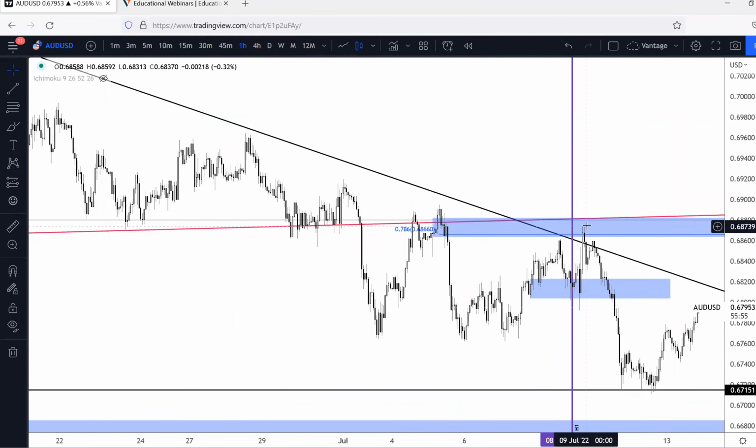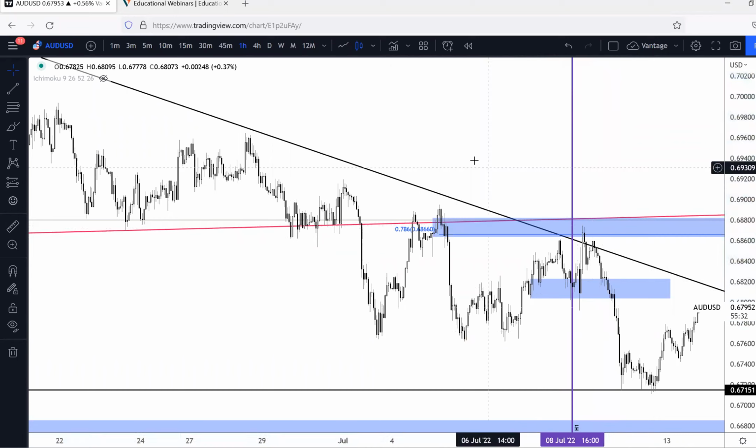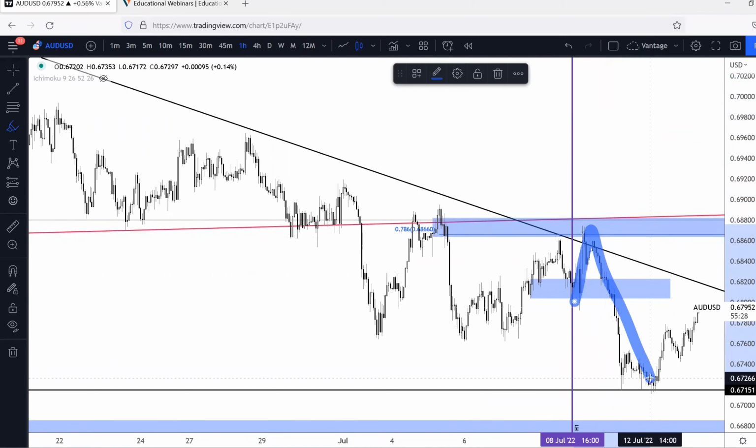So we marked this resistance area out, and the call made was that if price breaks and closes below this blue zone, back then when we made the call, it was to the left of this purple line. So nothing here had played out yet. The idea is that if price closes below this blue zone, then we could see further downside. But as long as it doesn't, we're waiting for a push up to test this blue zone. You can see very nicely price came up, tested this blue zone before it pushed down.